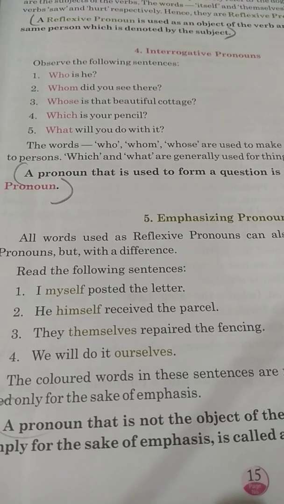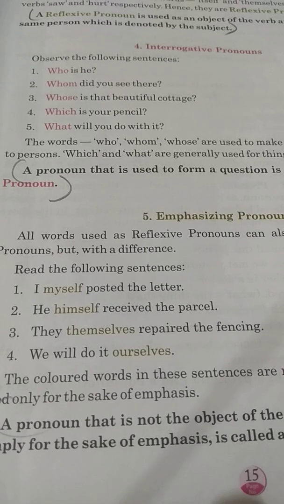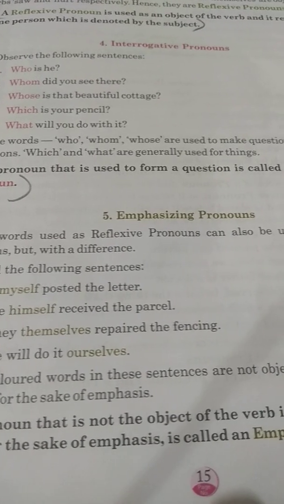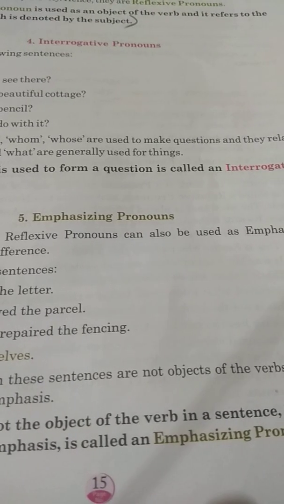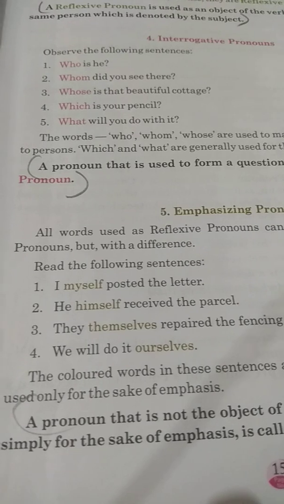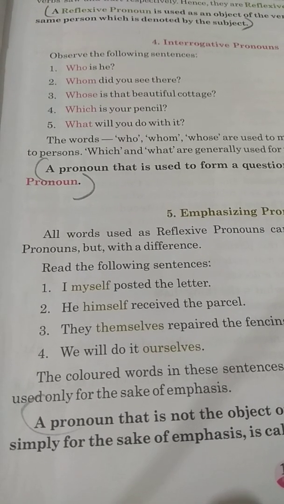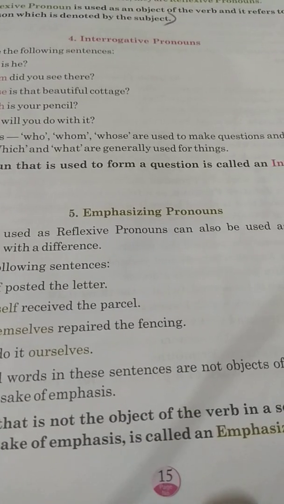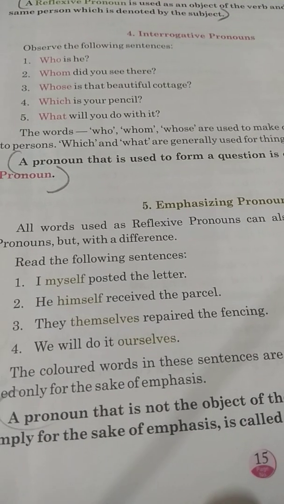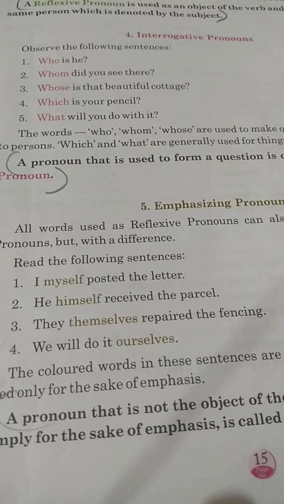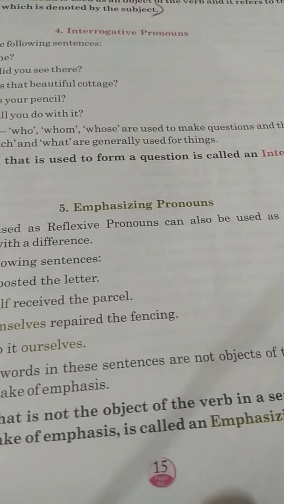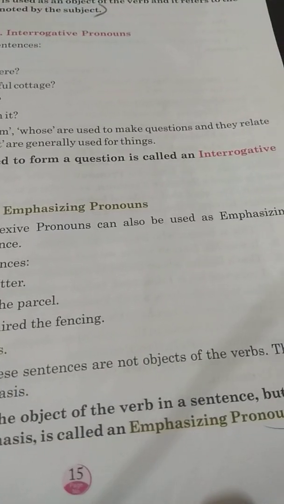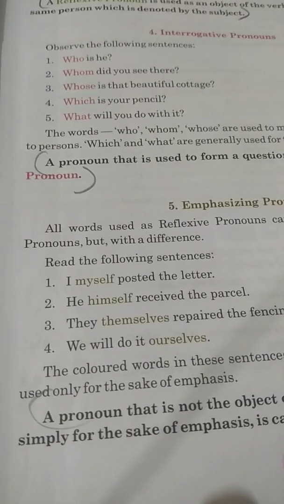The words who, whom, whose are used to make questions and they relate to persons. Which and what are generally used for things. A pronoun that is used to form a question is called an interrogative pronoun.